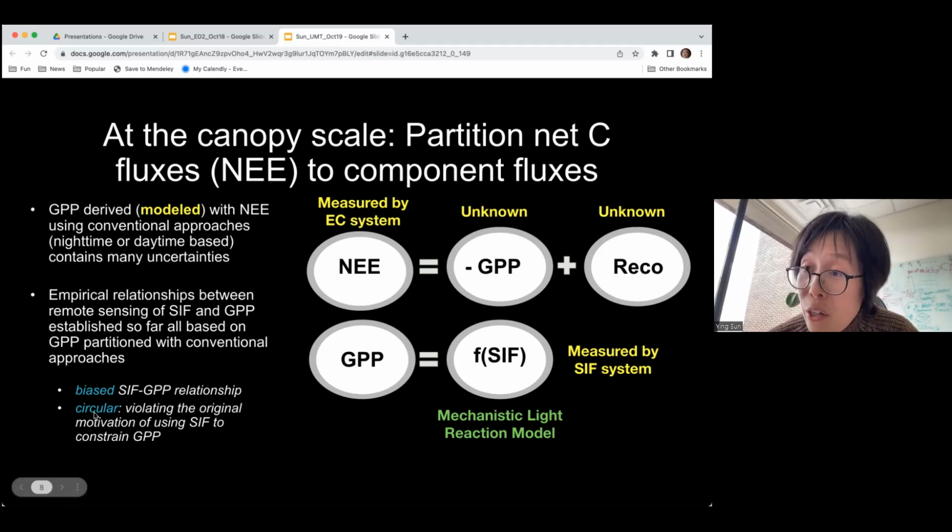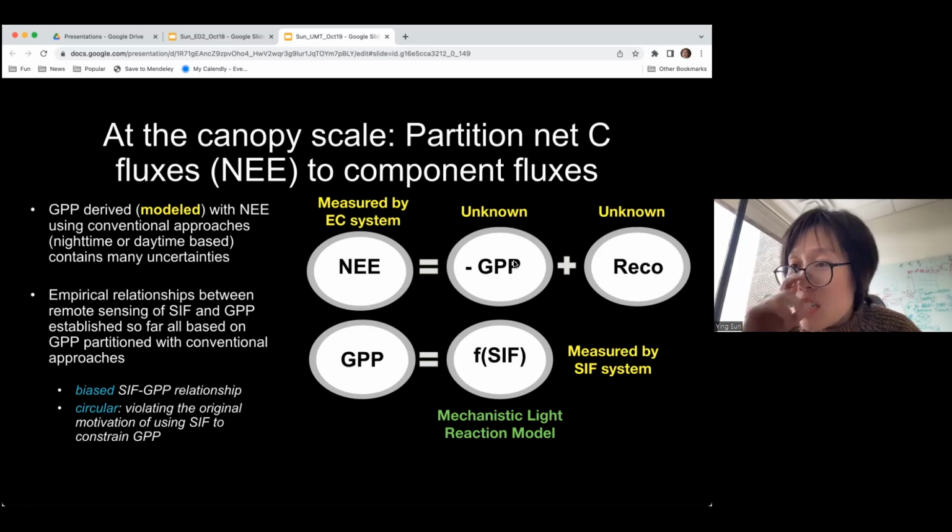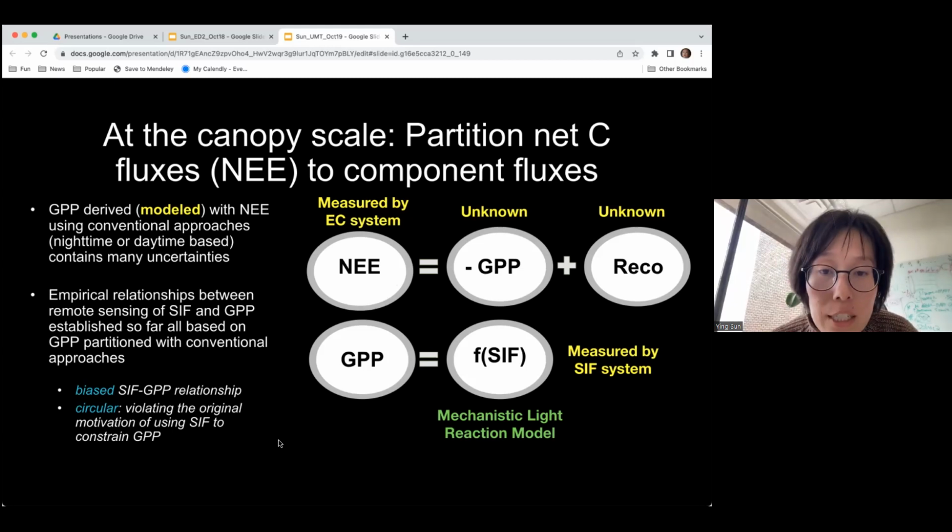And this is also circular, because the GPP itself is biased, and we use this biased relationship to do the back calculation of this partitioning. So our approach is: can we have an independent function, F here, between SIF and GPP, where the GPP is independent from the existing GPP partitioned from NEE, in order to avoid this circularity? That's our main strategy.